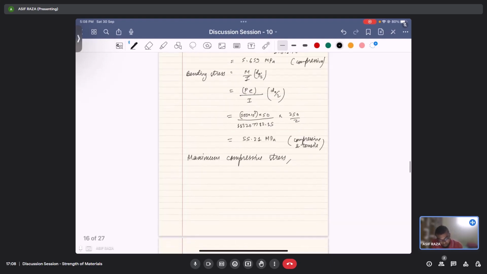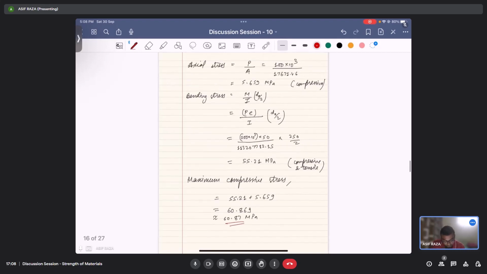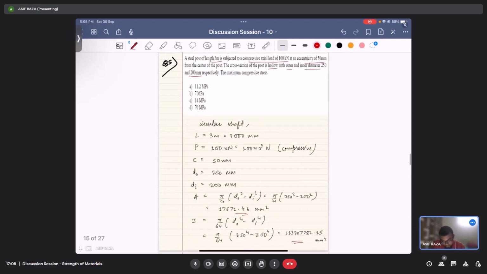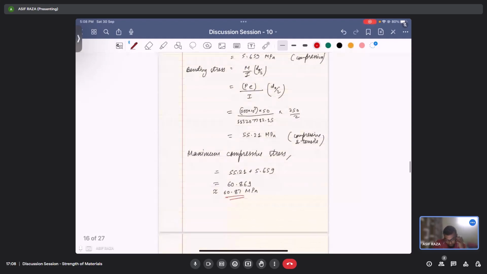So we'll just add these two and it would be equal to 60.869, or 60.87 megapascal. Okay, so this doesn't match.